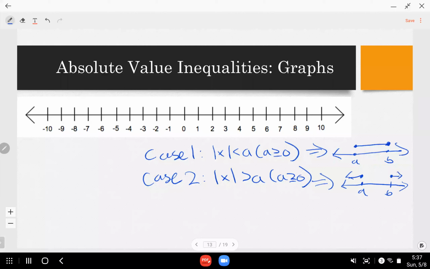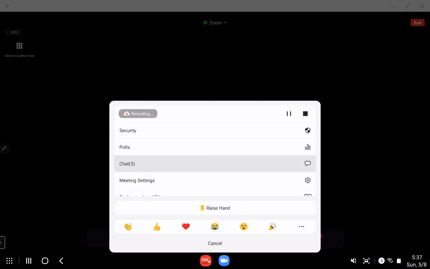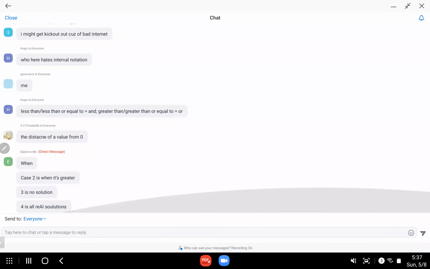And of course, case 3 and case 4 cannot have graphs. One is no solution, one is negative infinity to infinity, so you can't really graph that. So does everybody understand how we do this? Right, very good.